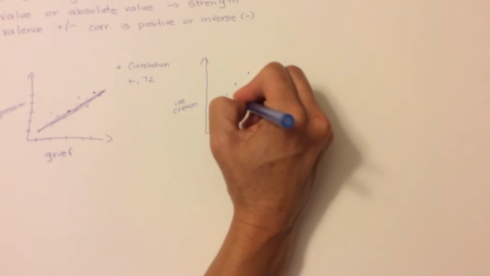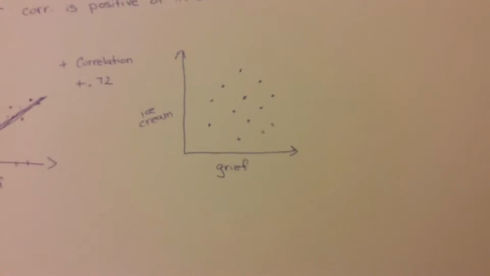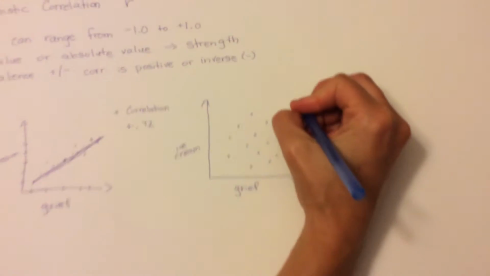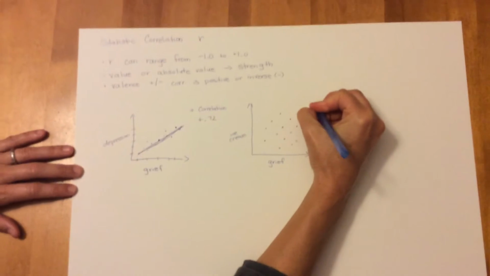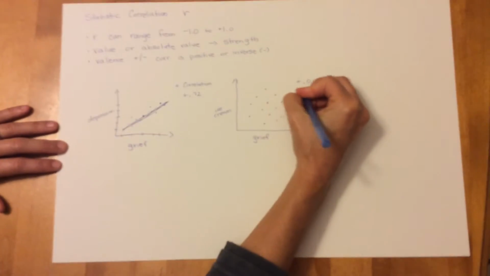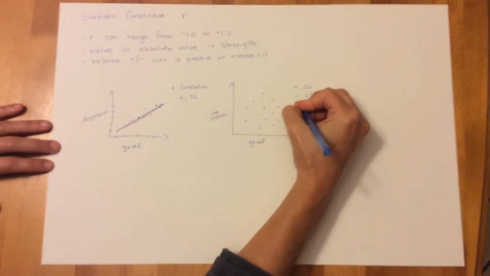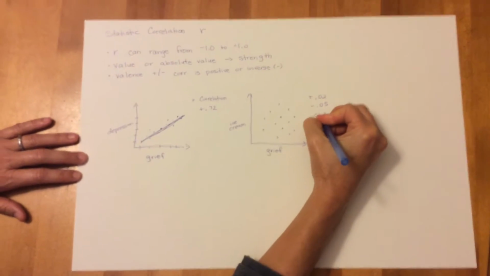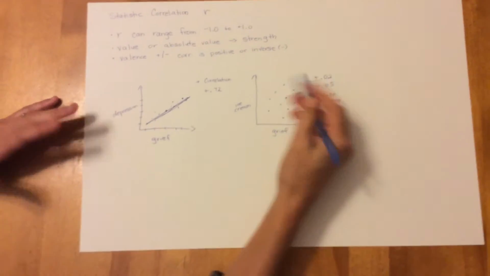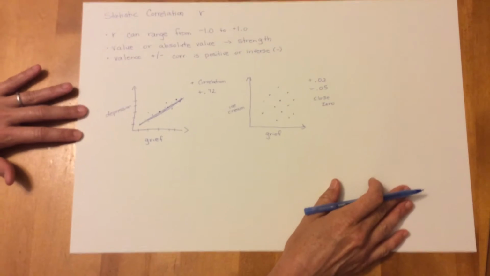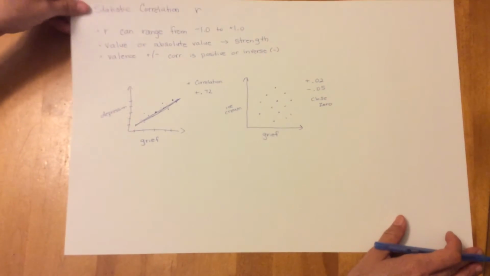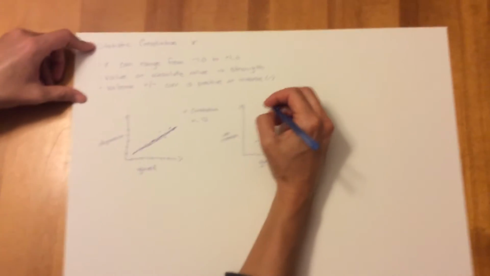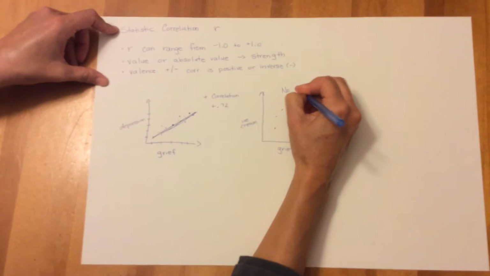A graph like that might have a correlation of a positive 0.02 or a negative 0.05. So it's close to 0, it has no meaning, it might as well be 0. That would be a zero correlation, or no correlation.